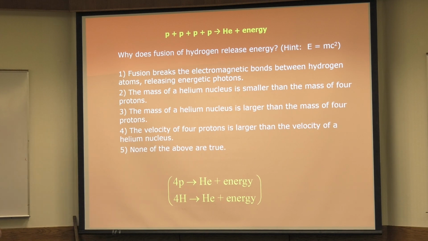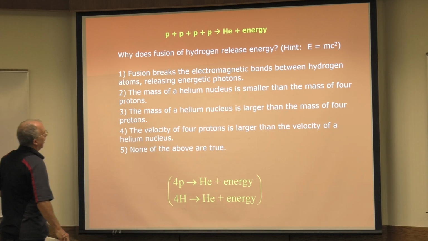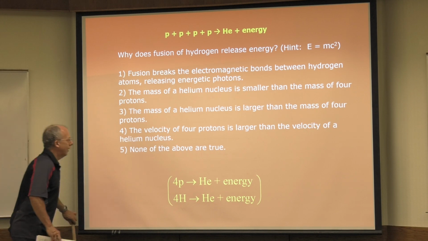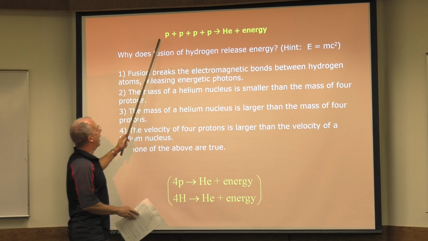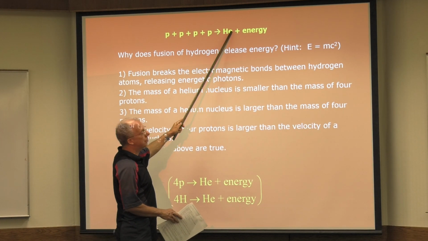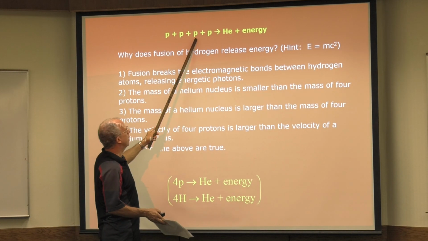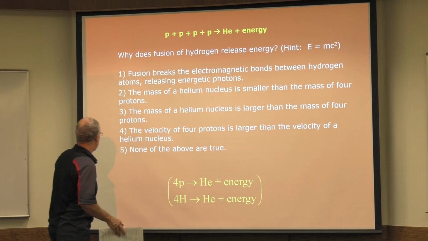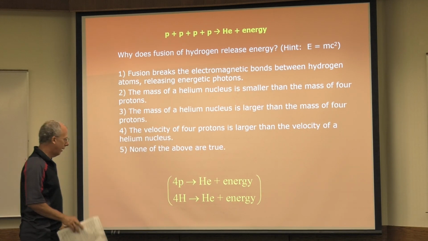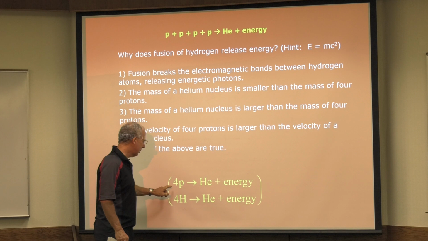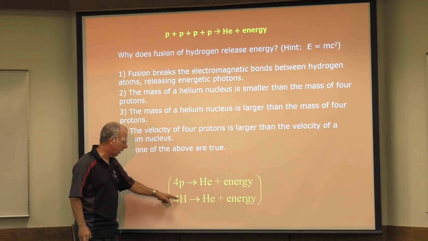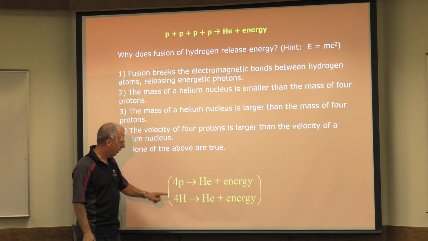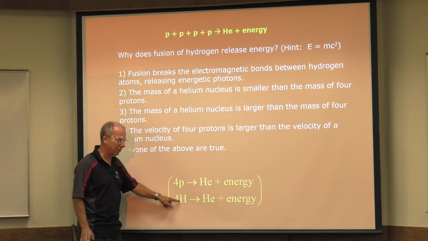Okay. What's the answer? If we're going to produce energy, that means the mass of this has to be greater than the mass of that, because some of the mass was converted into energy, E equals mc squared. We're just looking at the nucleus: 4 protons, or 4 hydrogens, just the nucleus.